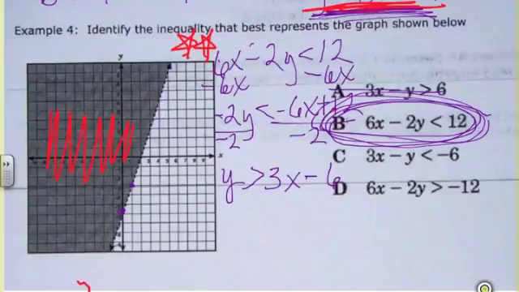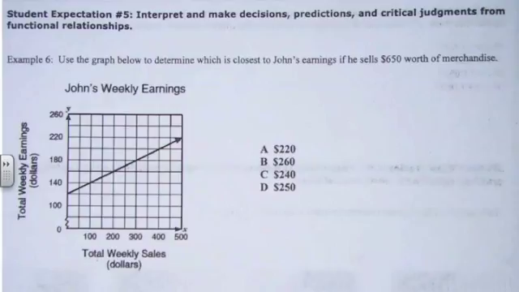Okay, last example. Okay, so now let's go ahead and read the problem. We are going to have to use this chart and then figure out from this chart what's going to happen in the future.